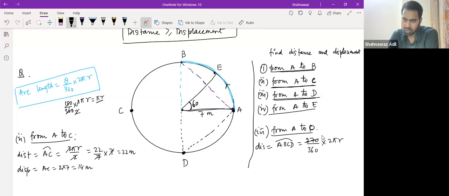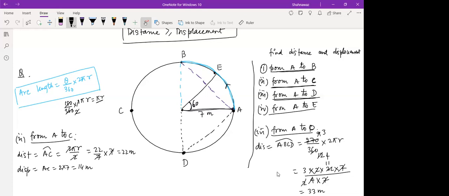So this is 9 and 12, and this is 3 and this is 4. So 3 into 2 into 22 into r is 7 by 4 into 7, right? So this 2 cancels, this 2 makes it 11, this 7 cancels, and we have 33 meters, right?